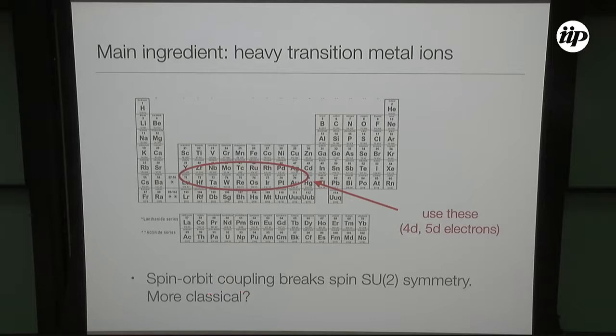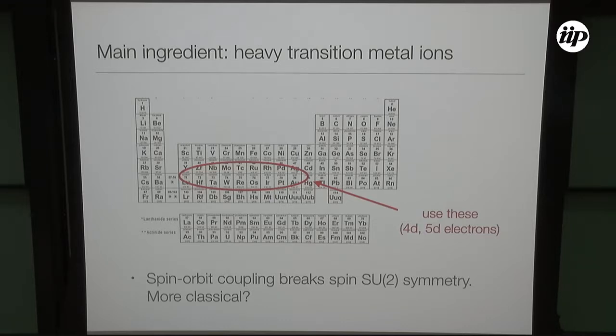And let me just comment that, as you know, if you go down here, you usually get stronger spin-orbit coupling. Sometimes our intuition about spin-orbit coupling is that if you add it as a perturbation to a system described by a Heisenberg model, you get extra terms that break spin rotational symmetry, SU(2) symmetry, just because the spin is now coupled to orbital degrees of freedom, for which you only expect to have discrete symmetries, the crystalline symmetries of the lattice.